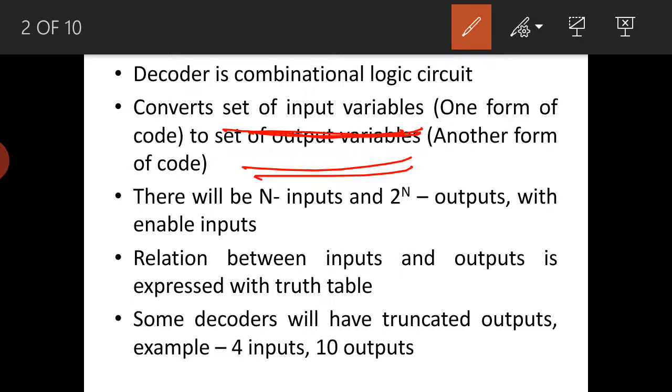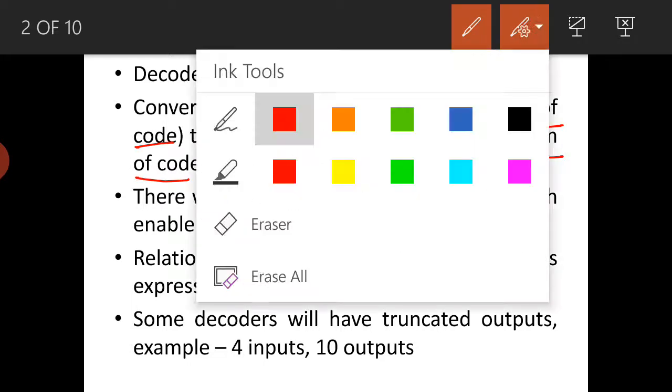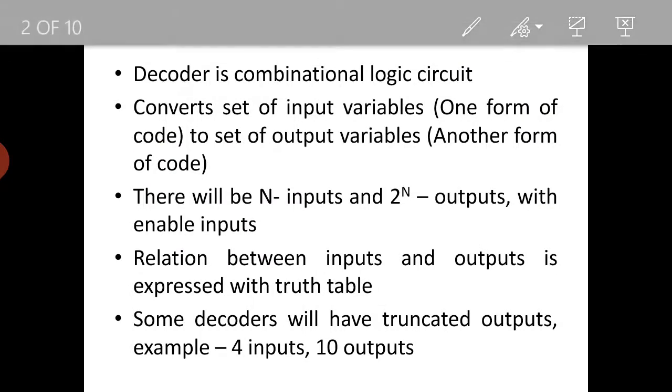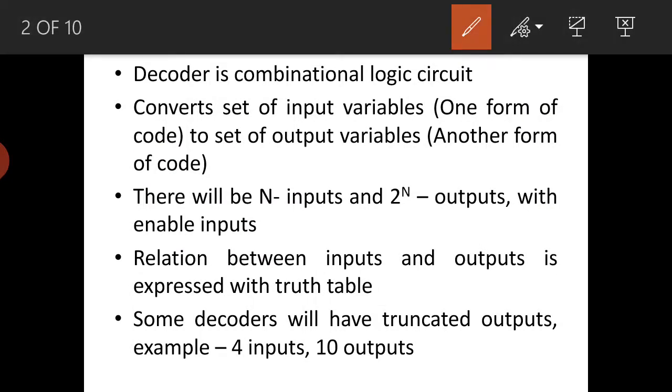Basically, it converts one form of code to another form of code. We will see with an example how exactly it converts.